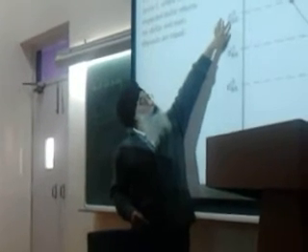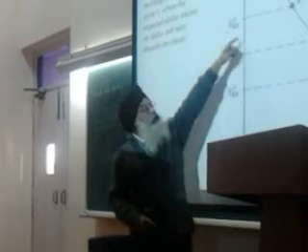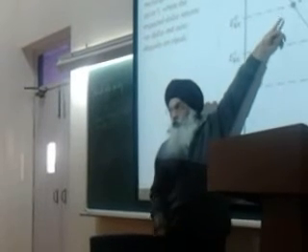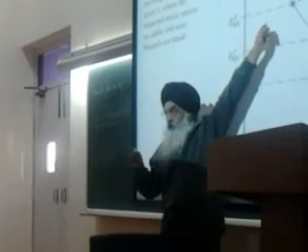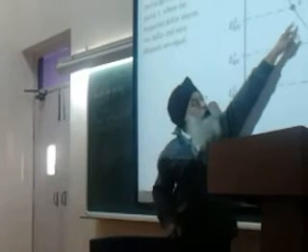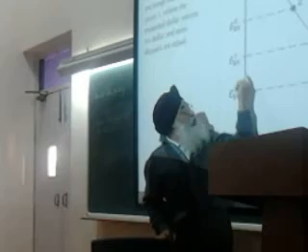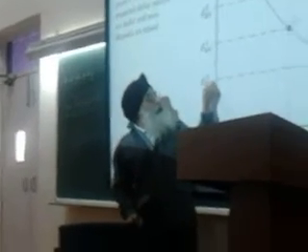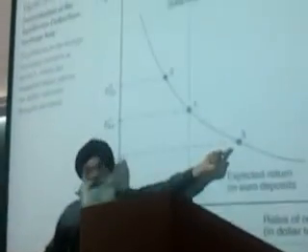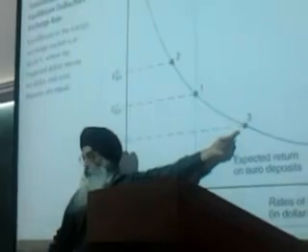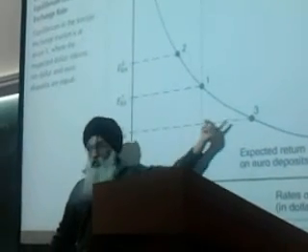If the price of euro is higher, then the return rate on the euro instrument is less than the return rate on the dollar by this much gap. And in case the euro price is low, then you have the return rate on the euro instrument being more than the return rate on the dollar.